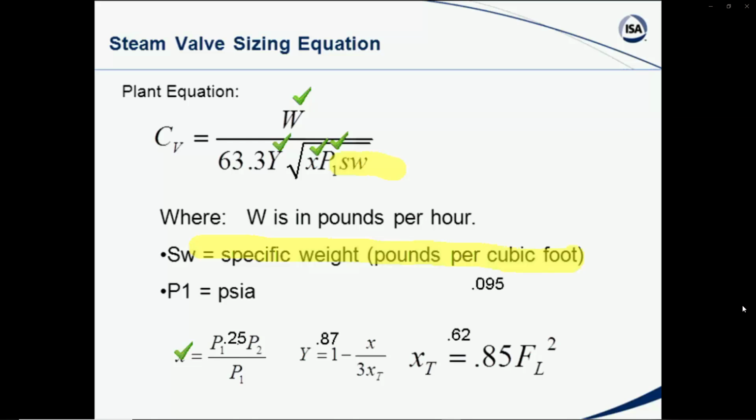Sometimes you'll find specific volume, cubic feet per pound, and you just invert that. Then if you plug all of that into the equation and solve, you come up with a C sub V of 560. That would tend to give us our answer, but I want to point out one more thing that you might keep in mind too.